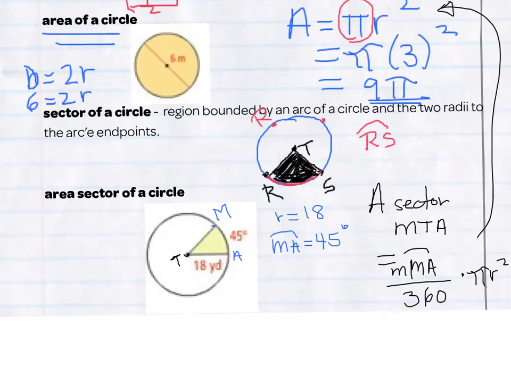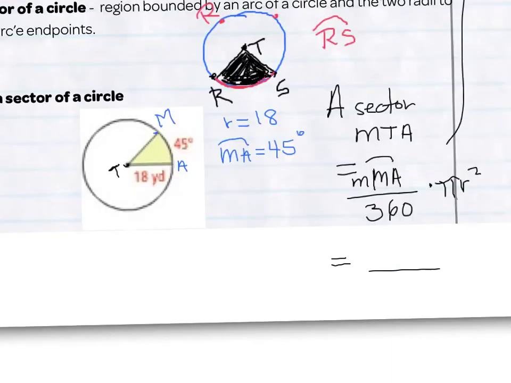So let's try it. The measure of arc MA here is 45 degrees, so we're just going to write that, and then divide that by 360. And that's multiplied by pi, and then r, which here is 18, squared.